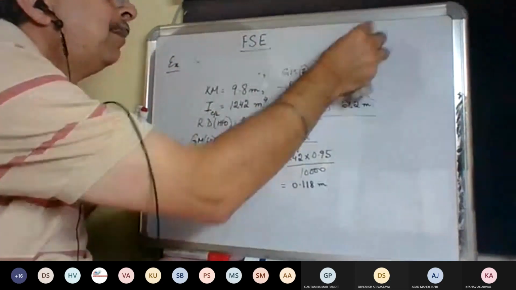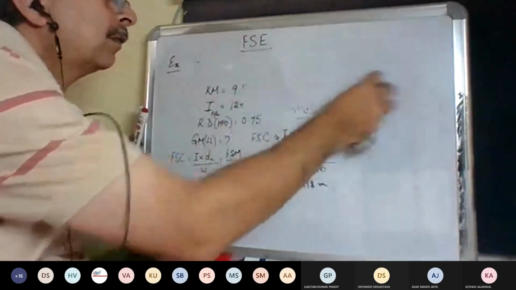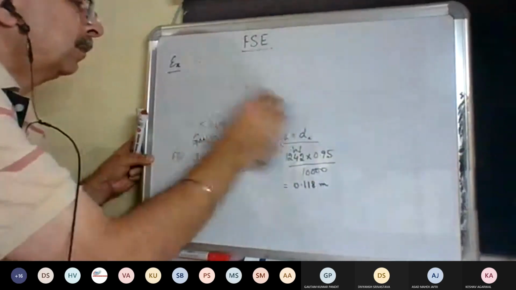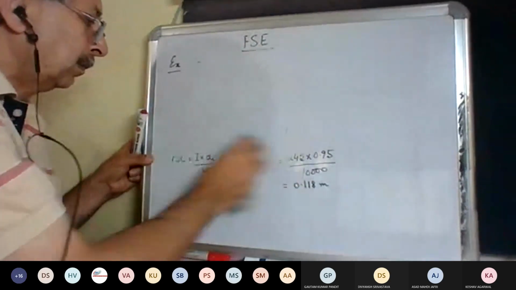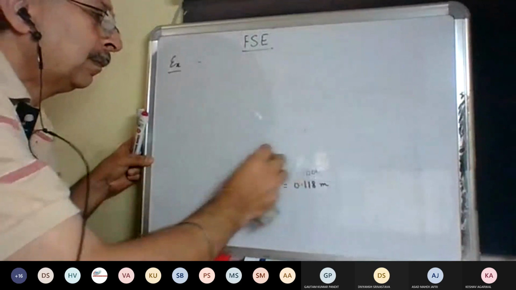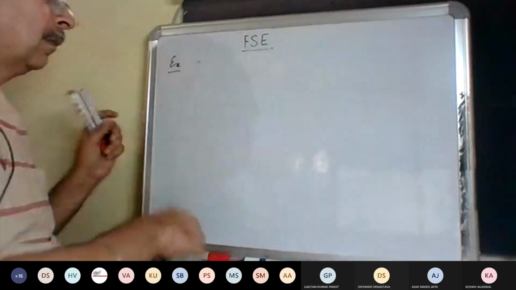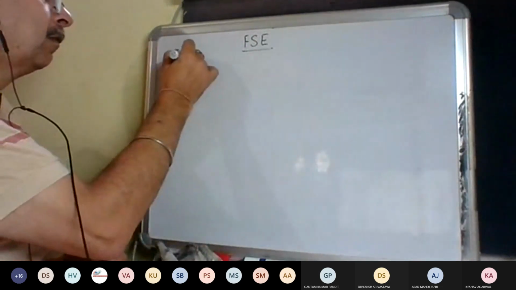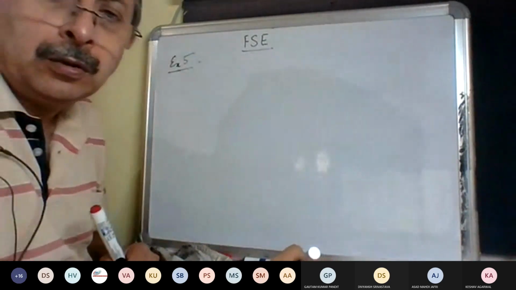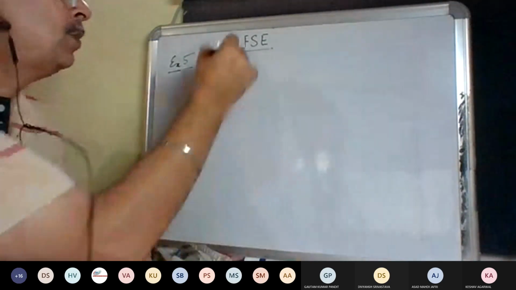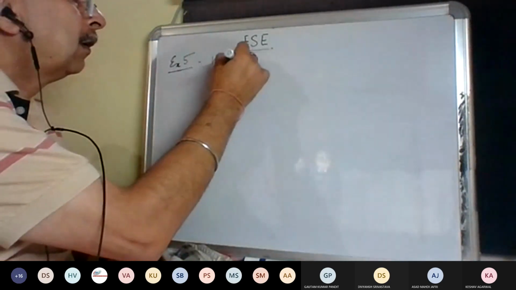Let's come to example 5. There is a vessel of displacement 5,000 tons.